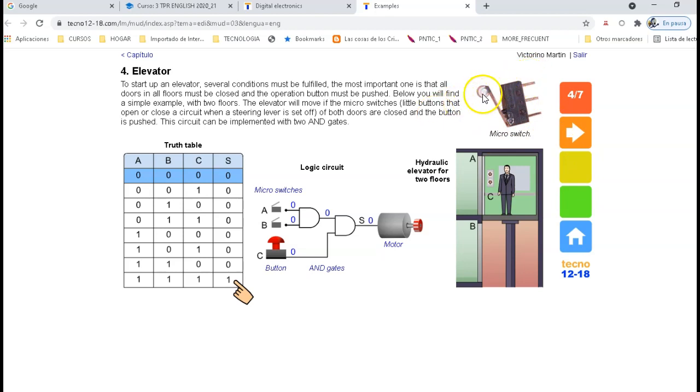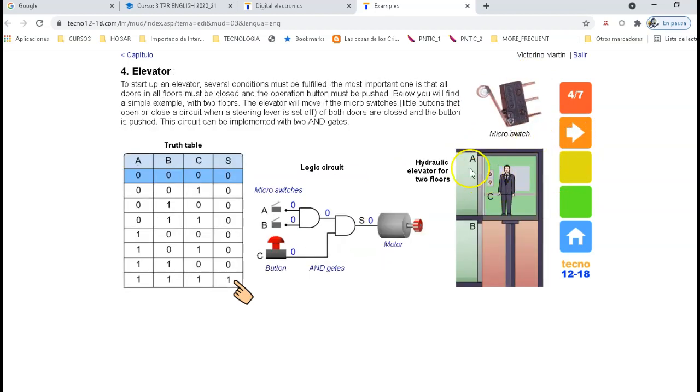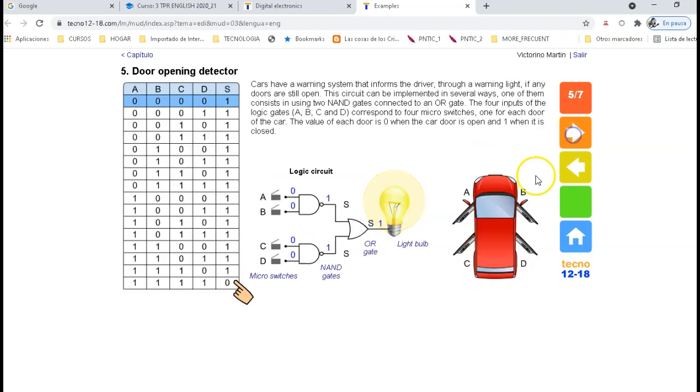When we close the door, this lever is activated and then we close the switch. We use them in many places, in the gates of the elevator, but also in the gates of a car. So A and B in the zero state means that the door is open. And C and D with the zero state means that C and D are open. If I close the door, I close the switch, so I have the one state in the inputs.